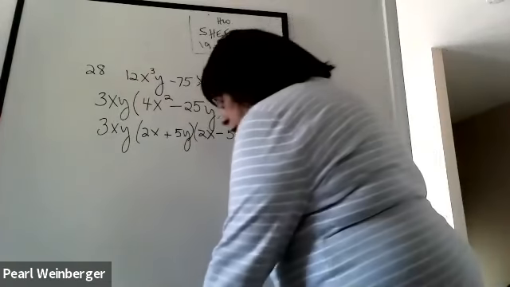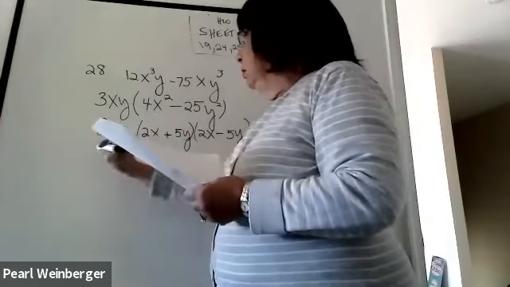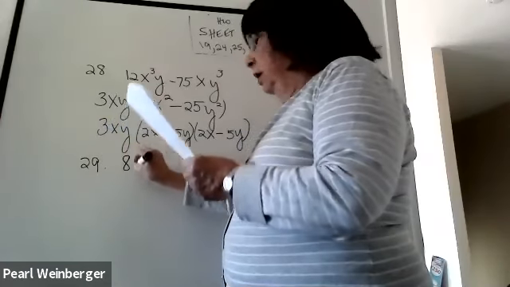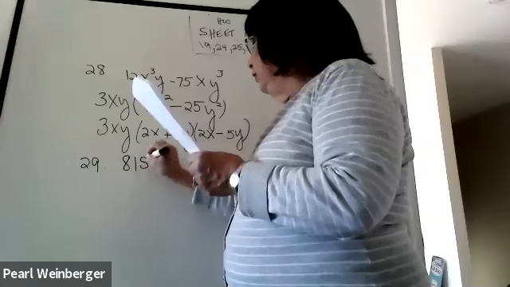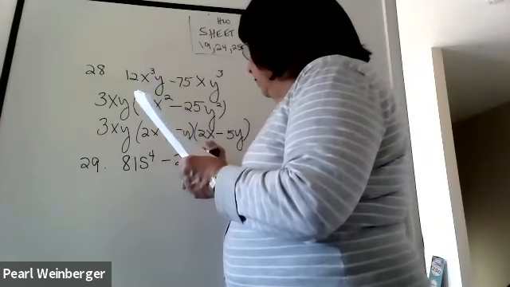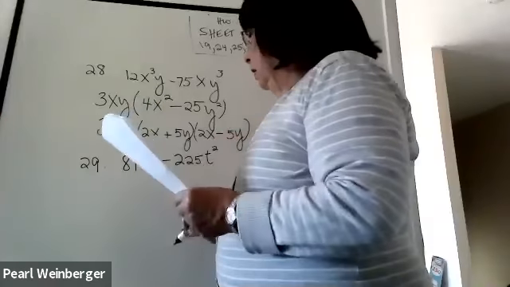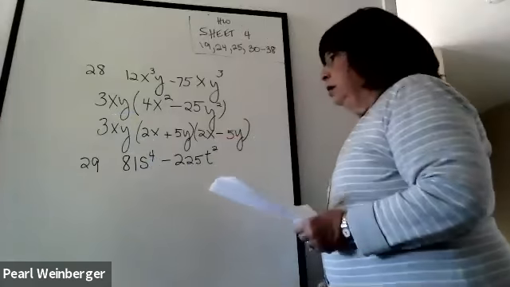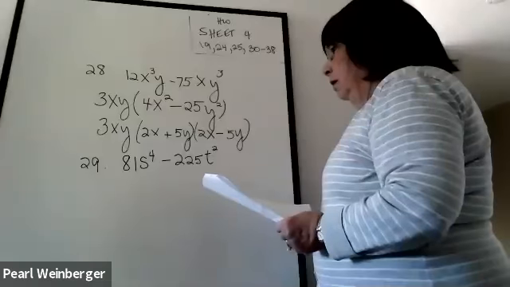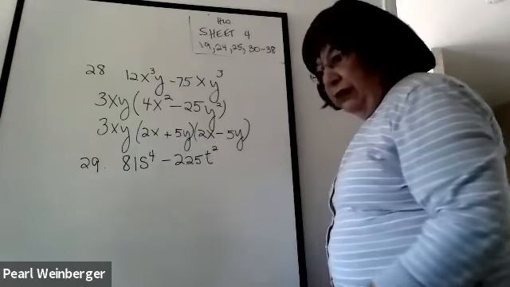Now, looking at number 29, we have 81 s fourth minus 225 t squared. Now, is there a common factor in 81 and 225?